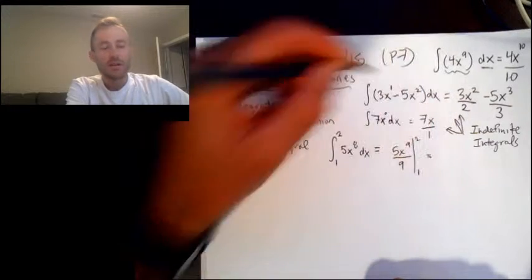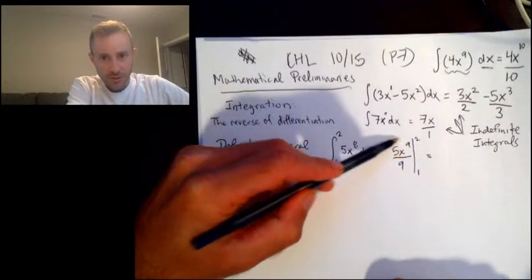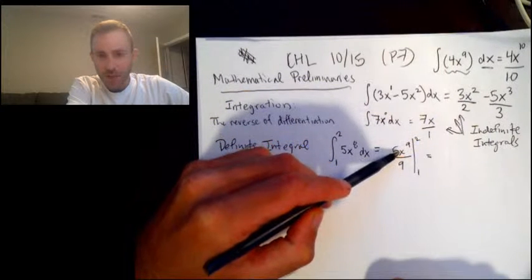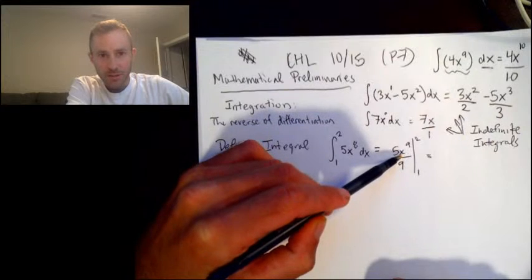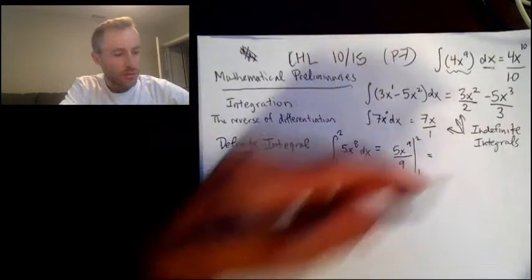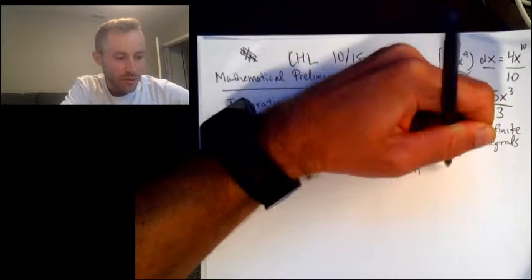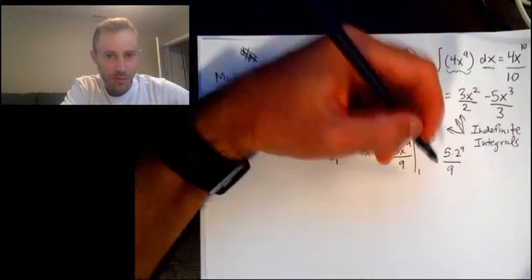Okay? So now you want to take this function that is the indefinite integral, plug in the top number into that function, plug in the bottom number into that function, and then subtract the two. So we have 5 times 2 to the 9th divided by 9. That's the top number plugged in.